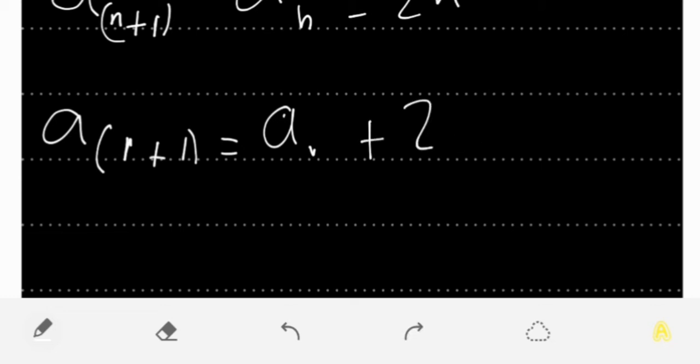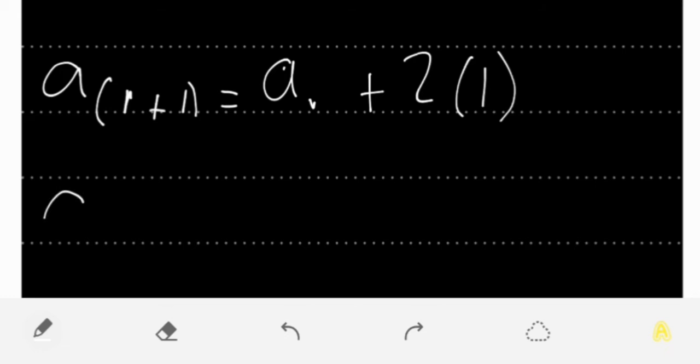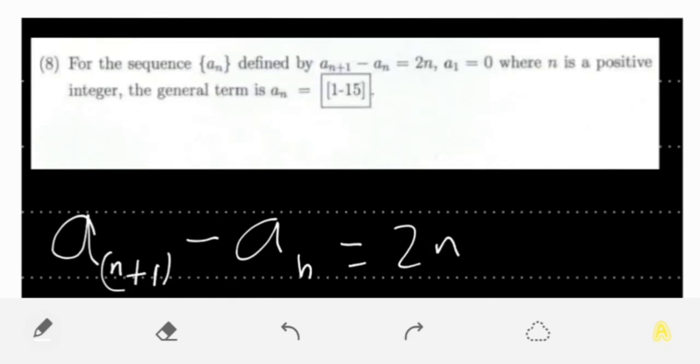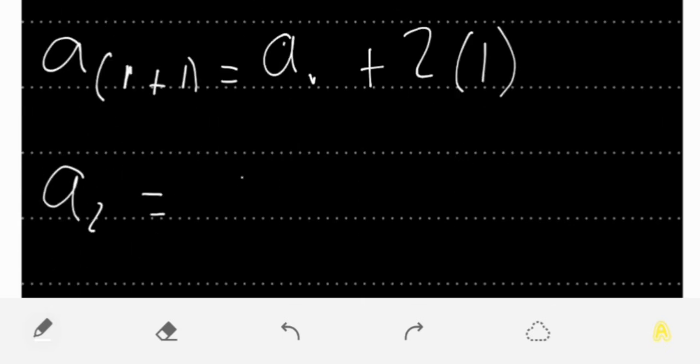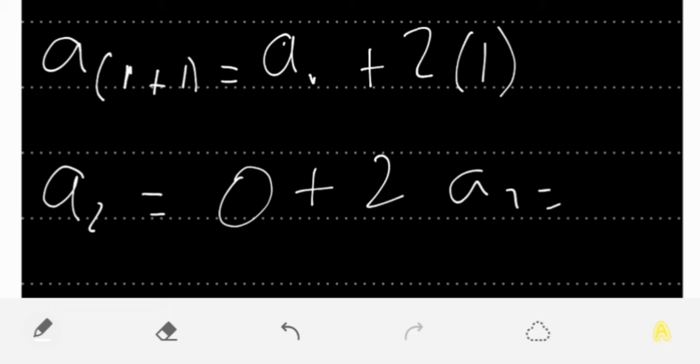But n is 1, okay? So a2 is equal to a1, what is the value of it? It is 0, okay? Plus 2. So a2 is equal to 2, okay?